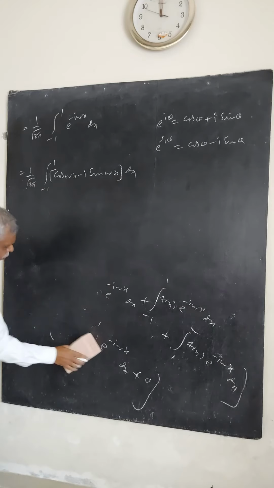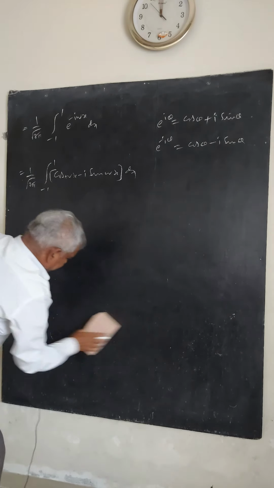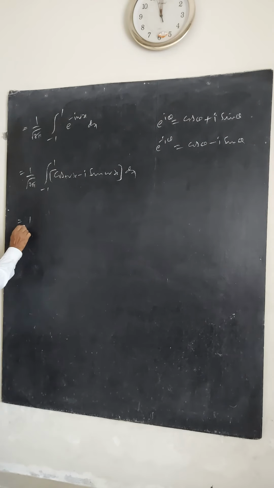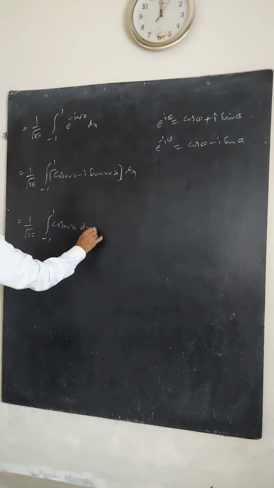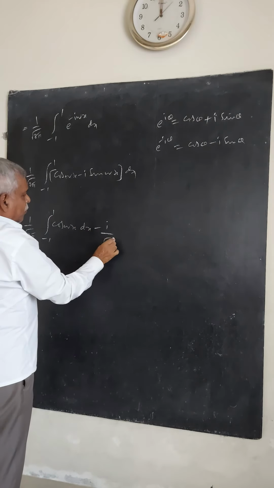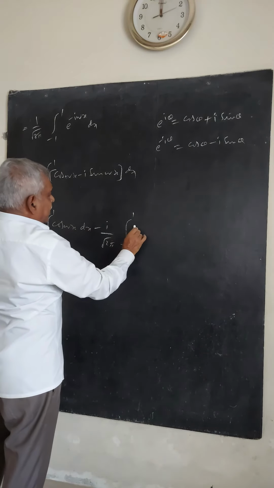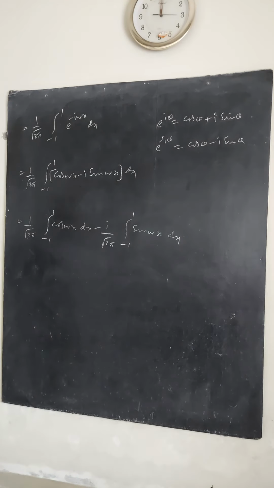We are splitting into two: 1 by root of 2 pi, integral from minus 1 to 1 of cos omega x dx, minus i by root of 2 pi, integral from minus 1 to 1 of sin omega x dx.